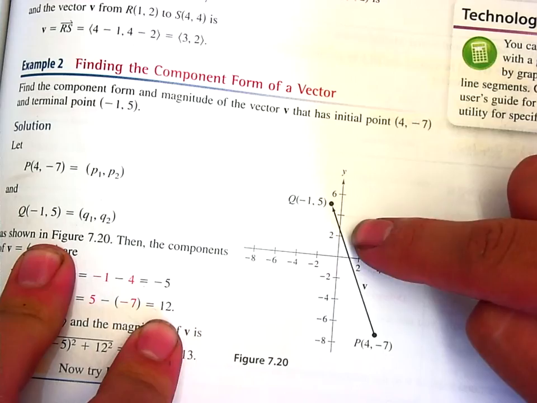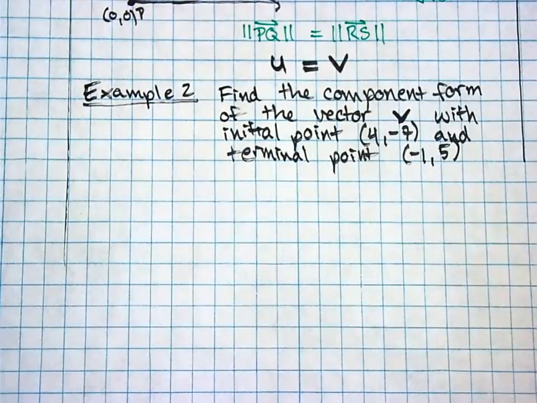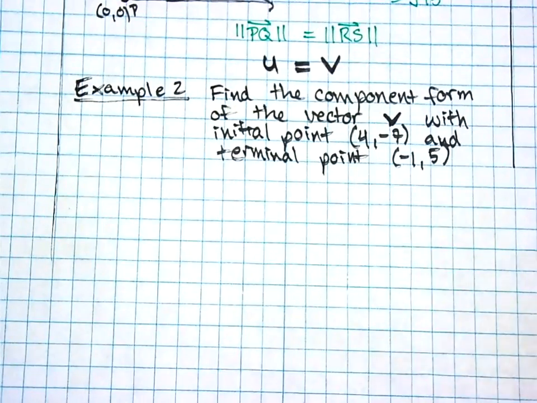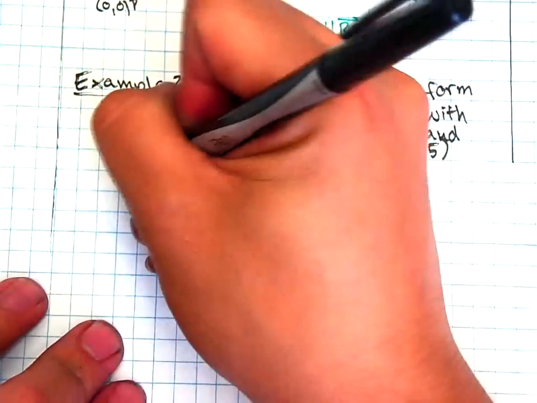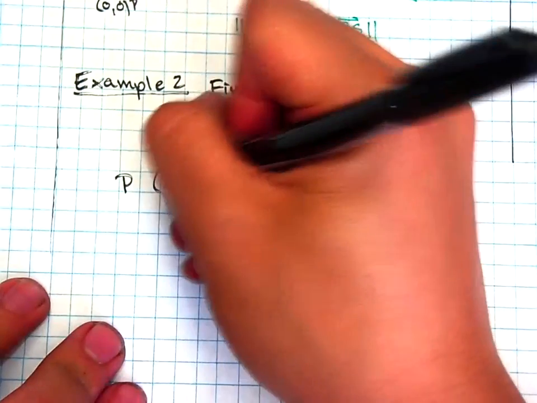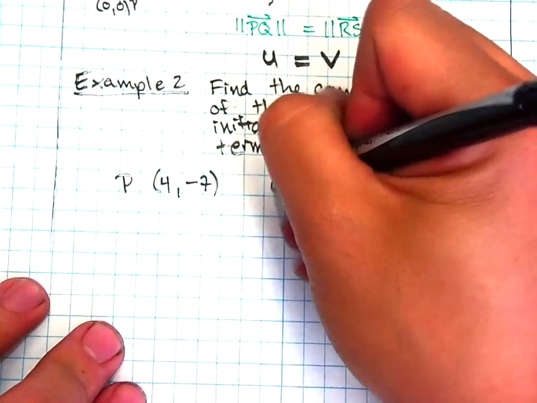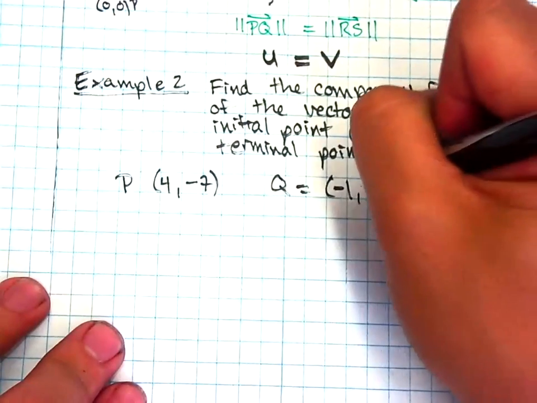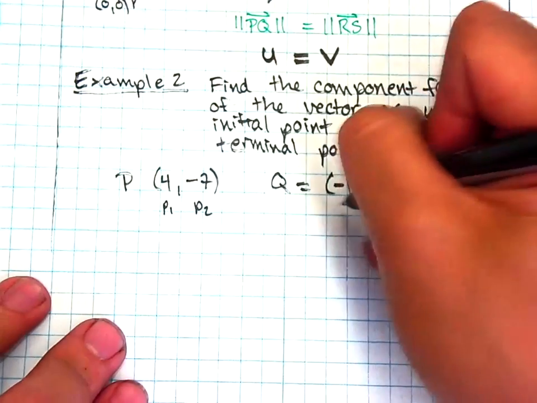So we're going to use that component form formula that you just copied down and figure out where it would have ended if it started at the origin. First, let's label these. P will be our initial point, so let's call P (4, -7). And then Q will be (-1, 5). Because they did say P1, P2, all that stuff, let's label P1, P2, Q1, Q2.